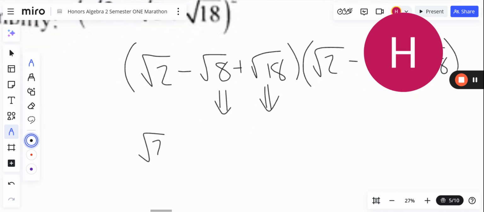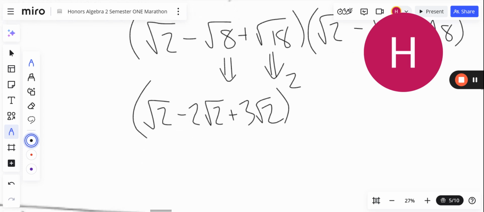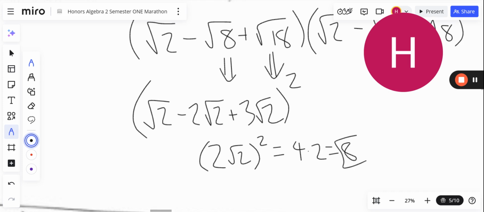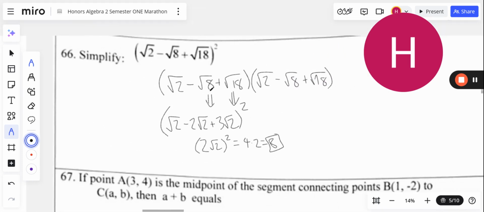So this is square root of 2 minus 2 square root 2 plus 3 square root 2, and this is all squared. So simply we have all of this combined together with the minus 2 in consideration: 2 root 2 squared. This is 4 times 2. This is 8. Easy peasy, way easier than trying to work all that out and FOIL all that out and stuff.